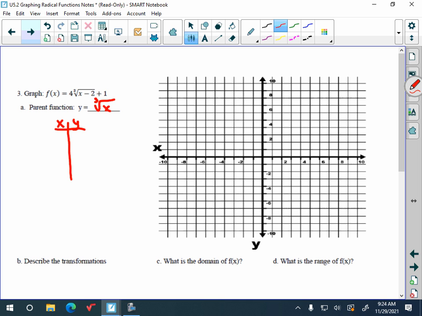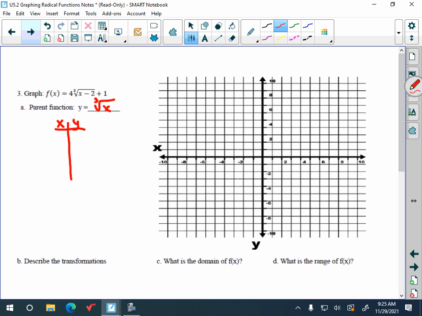With square roots, you can't do the square root of a negative. That's why we didn't put any negative x values in the xy table. You had to start with 0, and then you can only use positive perfect squares, so we used positive 1, positive 4, positive 9, because you can take the square root of those numbers. You can't do the square root of a negative.